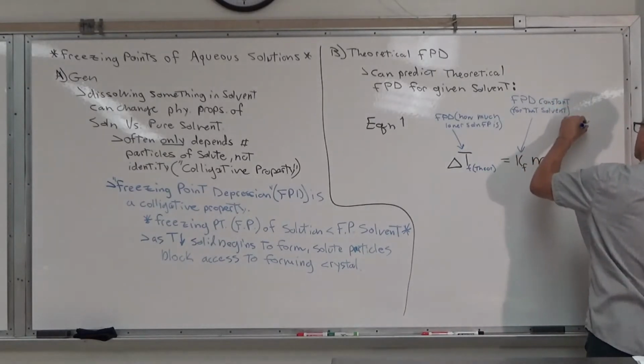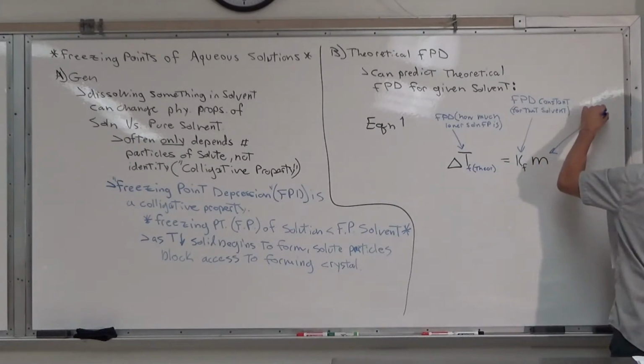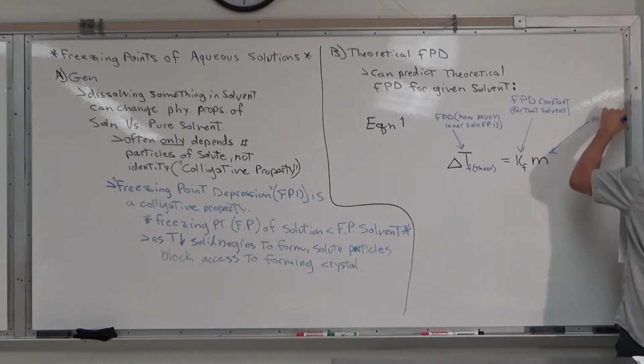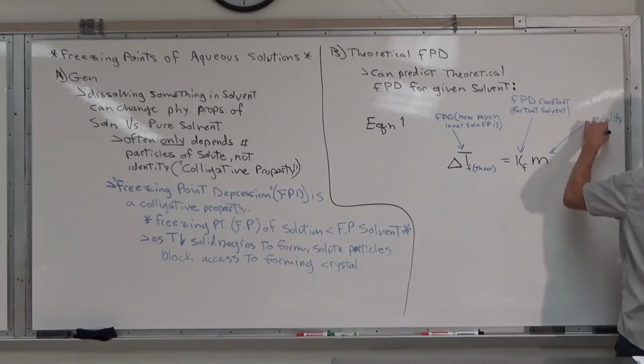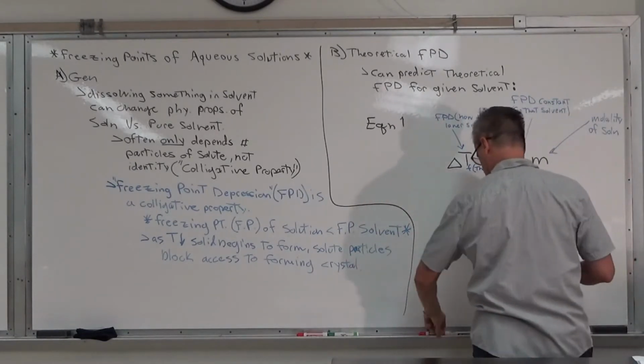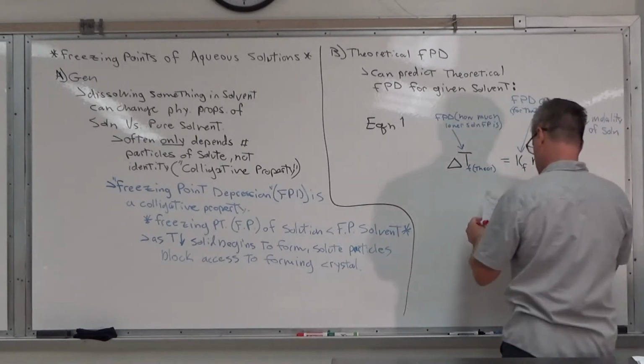Okay. And then this is the molality, M-O-L-A-L-I-T-Y of solution. Okay. All right, and then let's put our definition of molality in here. So you've got it in your notes.